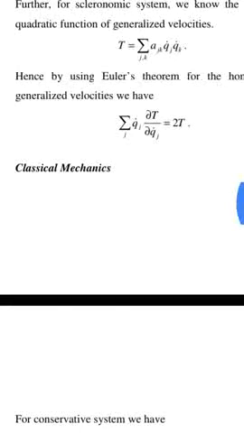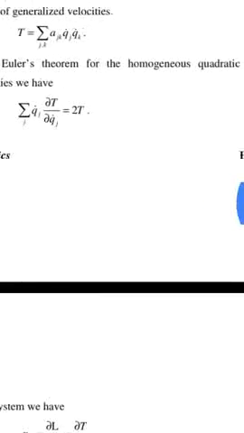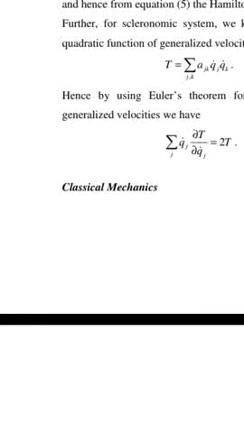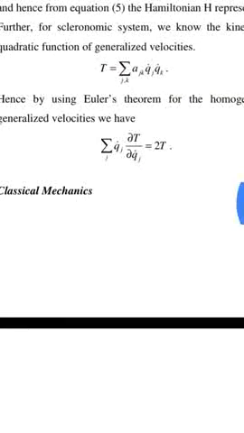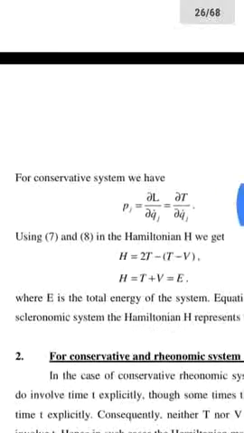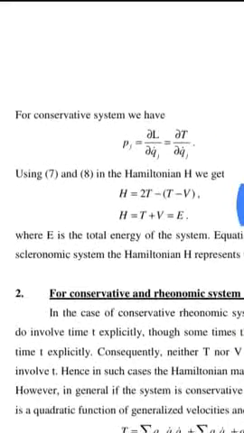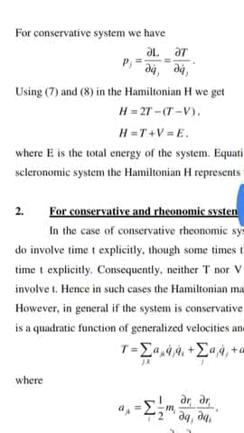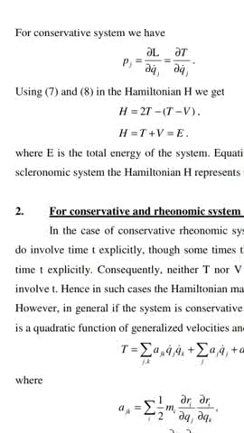Hence, by using Euler's theorem for homogeneous quadratic functions of generalized velocities, we have summation of qj dot dou T by dou qj dot is equal to 2T. For a conservative system, we have Pj is equal to dou L by dou Qj dot is equal to dou T by dou Qj dot.